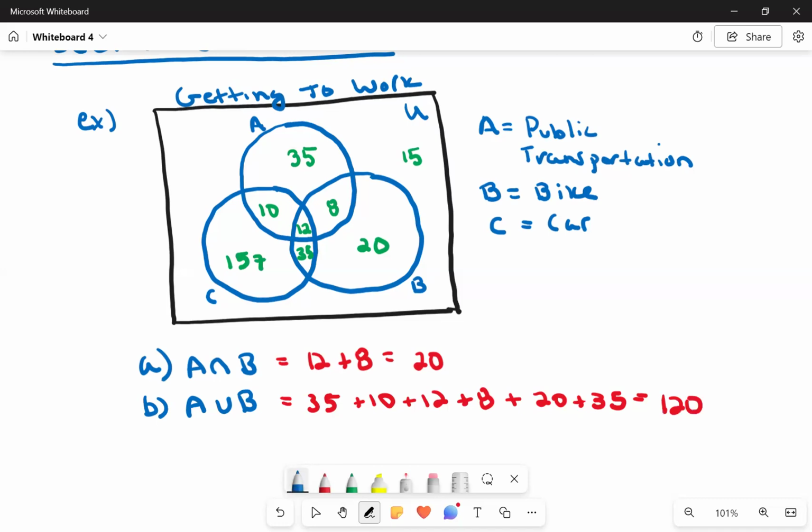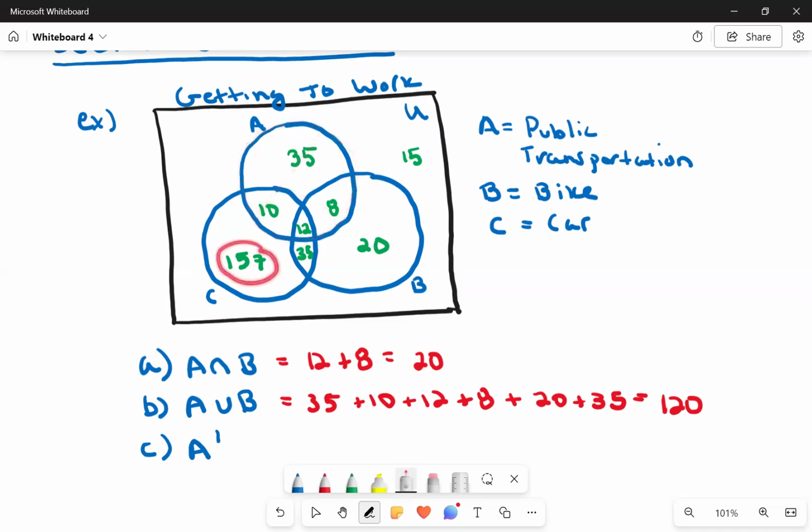All right, part C. Let's find A complement. These are all the things that aren't in A. Here's A, and I'm going to look at everything that isn't here.